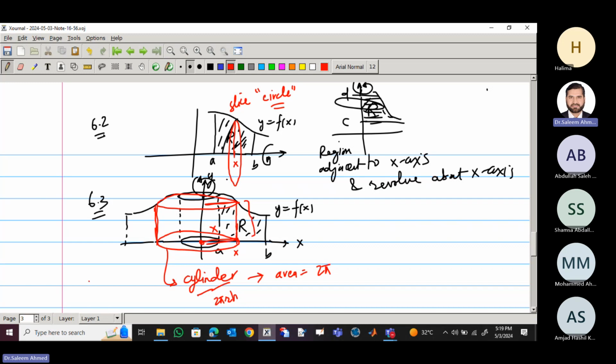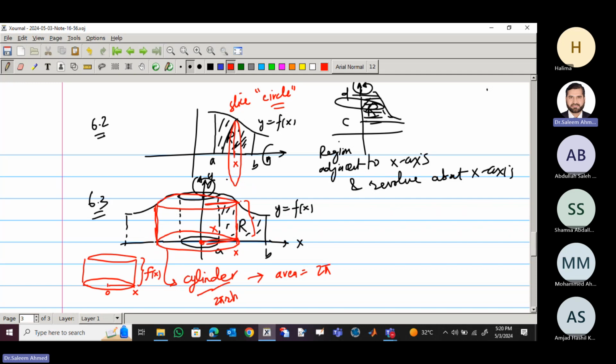If I make this cylinder, you see what you got. Between 0, you have x. So see, the radius is x. So the radius of base is x, and then you have a height. Height comes from your function that is given to you.